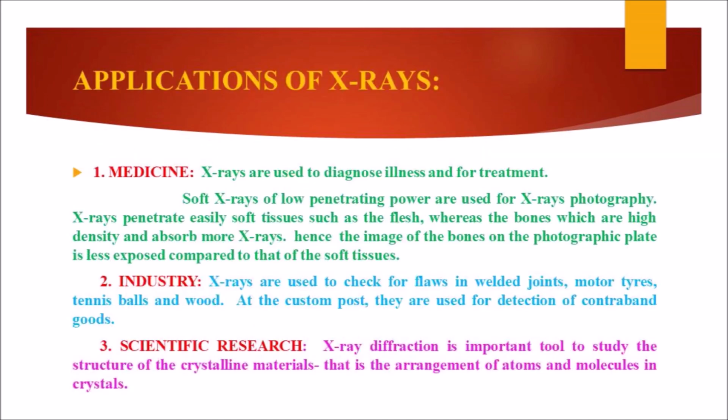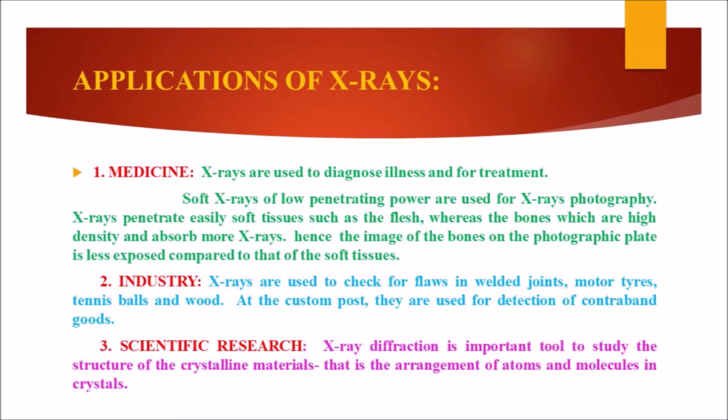The last topic is applications of X-rays. X-rays are widely used in many fields. The first is medicine. In medicine, X-rays are used to diagnose illness and for treatment. Soft X-rays of low penetrating power are used for X-ray photography. X-rays penetrate easily through soft tissues such as flesh, whereas the bones, which are of high density, absorb more X-rays.